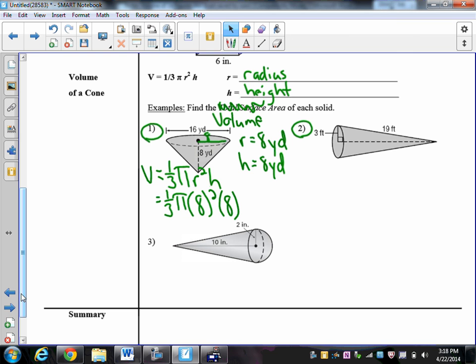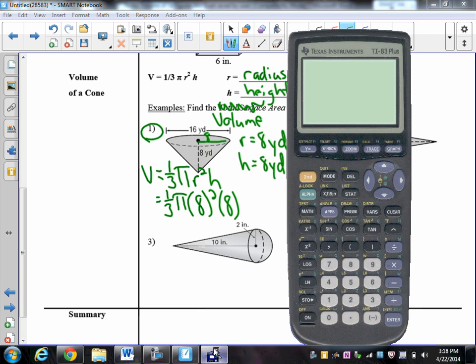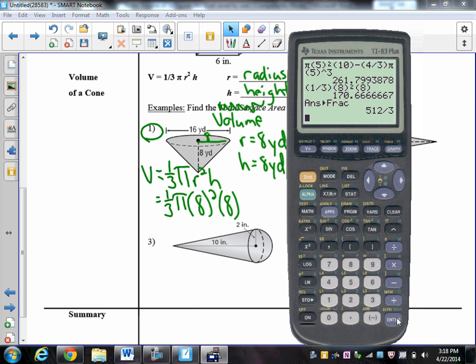Because I'm crunched for space, I'm not going to write it down, but I'm going to solve it on the calculator. So I just punch everything in. So it's going to be 512 over 3 pi. That's going to be its exact value, or its approximate value is going to be 536.1.